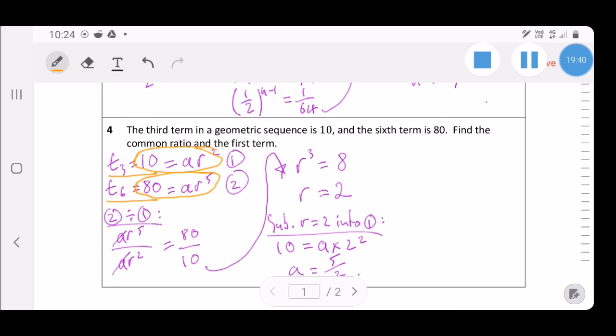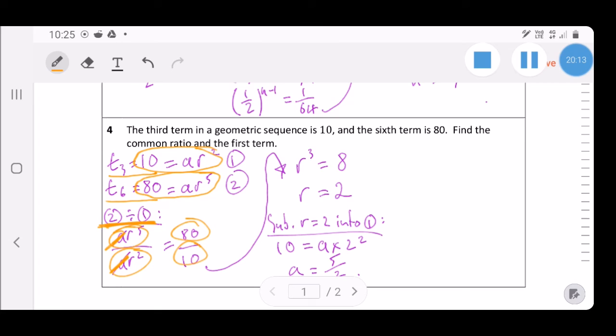Now this should look very familiar to you because we now have a pair of simultaneous equations, and we did a very similar thing with arithmetic sequences. So now if I do equation number 2 divided by equation number 1, then I get AR to the 5 over AR squared, and the A's cancel out, equals 80 over 10.